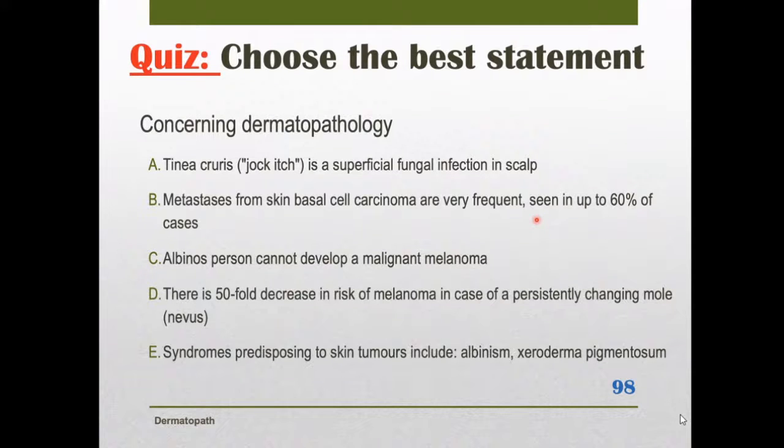There is a 50-fold decrease in risk of melanoma in the case of a persistently changing mole or nevus. And syndromes predisposing to skin tumors include albinism, xeroderma pigmentosum. So you will choose the best option or statement. You can write in the chat.